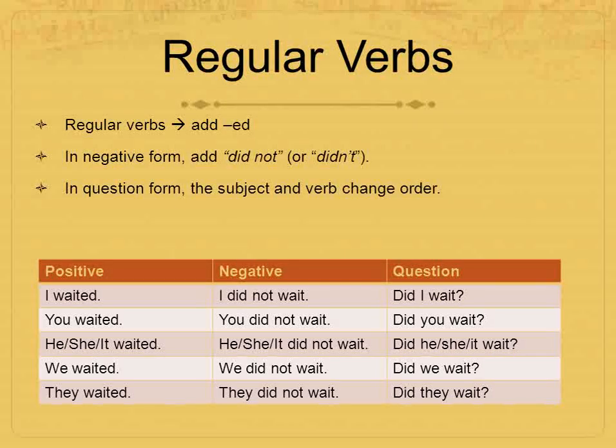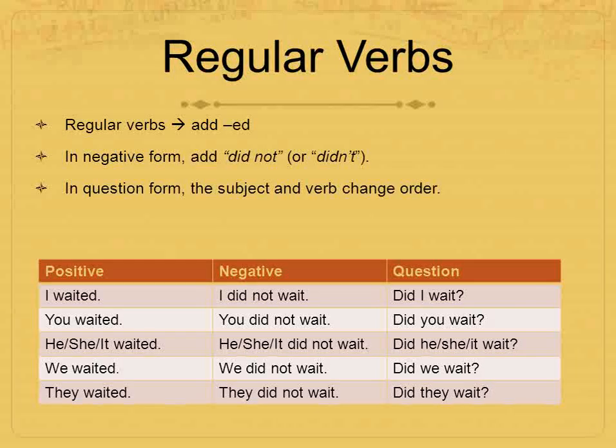Okay, so if we look at the first line here, the positive sentence is I waited, adding ed to the verb wait. To make this sentence negative, we add did not. So I did not wait. And you'll notice here that there is no ed on the end.